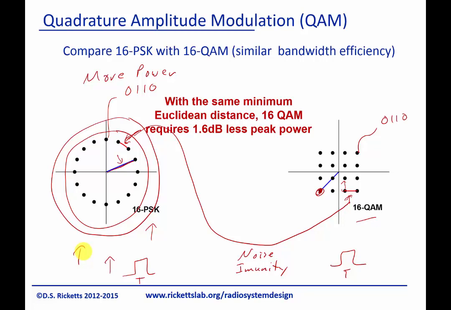Therefore, it's better just to change the phase. So in those systems, the 16 PSK would be more attractive. So it's not that one is better than the other, it's just that you need to understand the trade-offs. And at this point, you shouldn't understand all the trade-offs, but you should see the key concepts of noise immunity and of power and of the fact that they're all the same bandwidth.